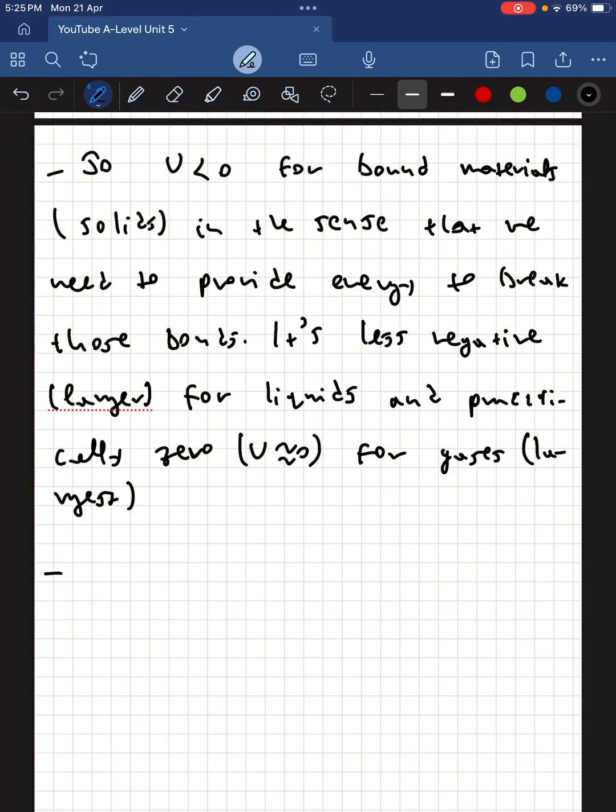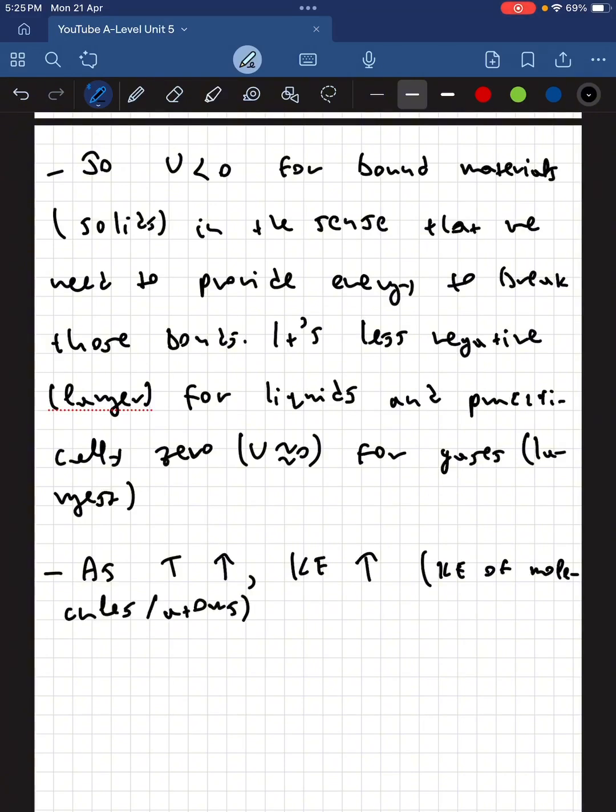So another thing we saw is that as T increases, the kinetic energy also increases. And I'm talking about the kinetic energy of molecules, or atoms. And I use this interchangeably because, for example, copper is a solid, right?